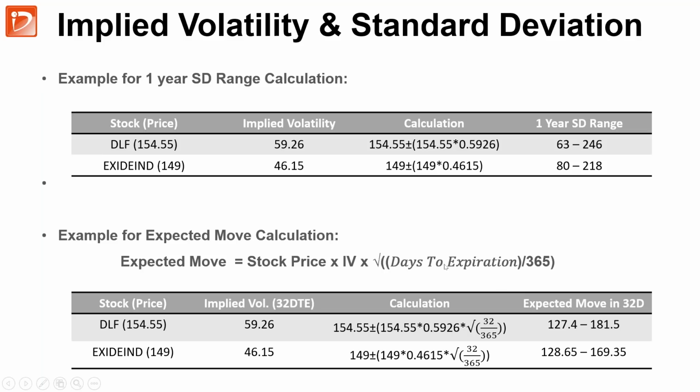Then I simply substitute 32 days to expiry divided by 365 and square root of that and multiply with the annual standard deviation range. And that will give you the expected move in the next 32 days. So it is saying that there is a 68.2% probability that it will stay within this range in the next 32 days. And you can also calculate for the next 1 day, 2 days, like that.